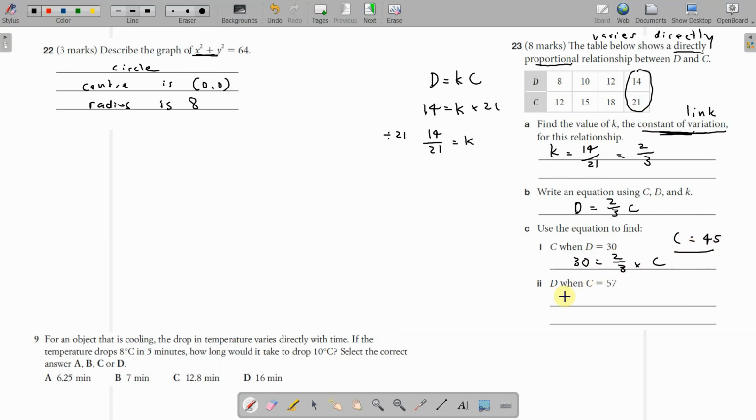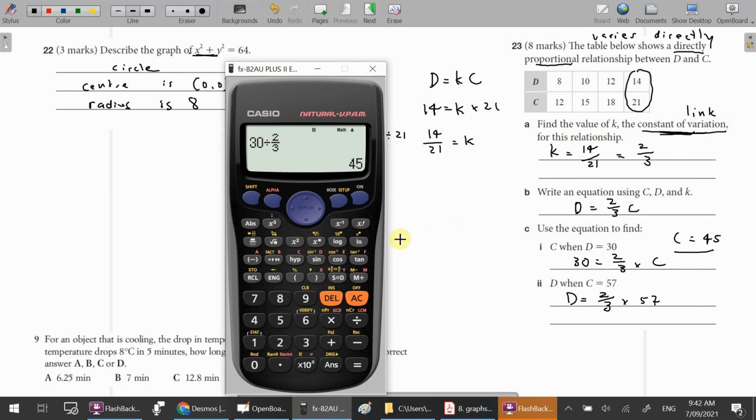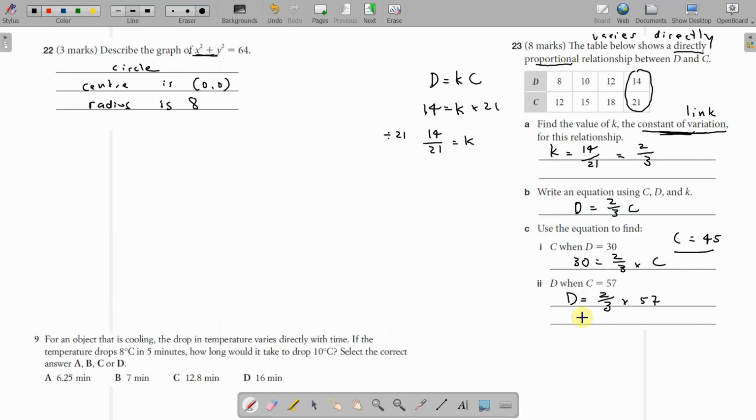Okay, find D this time when C is 57. Put this K in, that's the K, times 57. 2/3 times 57. 38. Thank you. D equals 38.